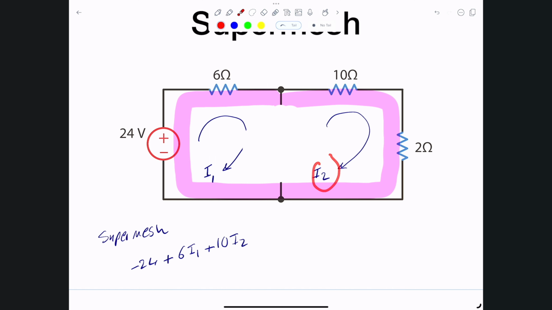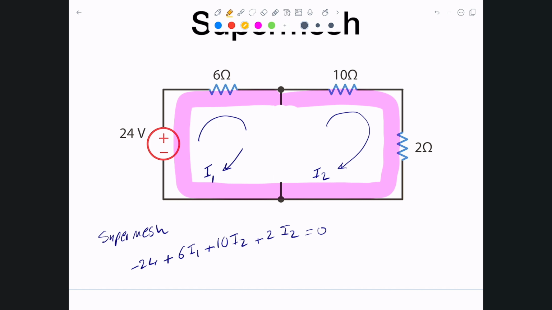Again, keep the two separate mesh currents. You need them, and when you write the equations, you write them as if they're two separate mesh currents. So in here, we know that the 10 is only affected by I2, so that's what I wrote. And of course, the 2 ohms in here is only affected by I2, so you do the same thing. So it's plus 2I2. I believe I've finished all the other elements, so all you have to do is say equals 0.